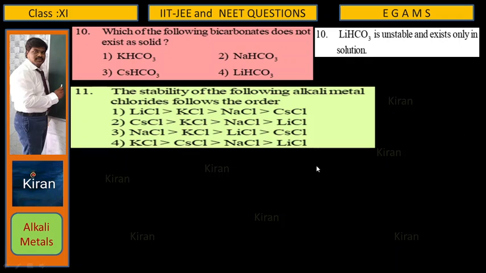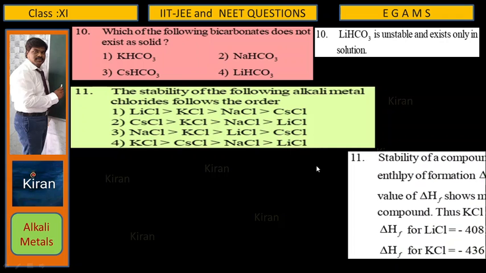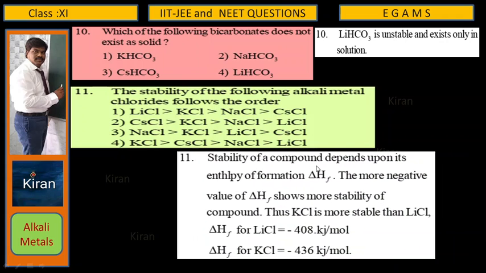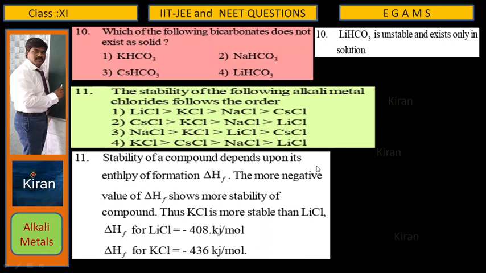11th question. The solubility of the following alkali metal chlorides follows the order. Which is more soluble, which is less soluble? Which is more stable, which is less stable? Based on that you can decide the solubility. The stability of a compound depends upon its enthalpy of formation, delta H. The more negative value of delta H shows more stability of a compound.